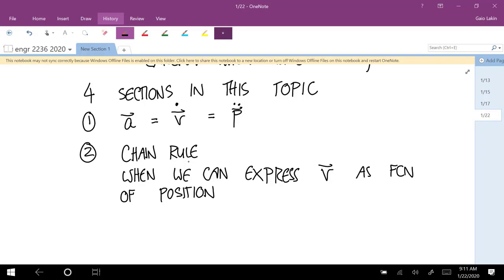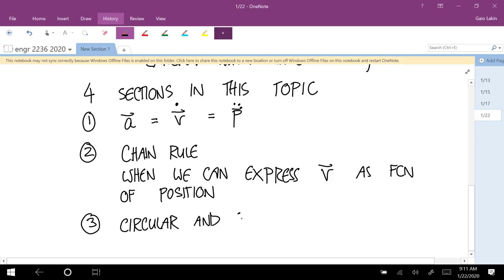And then the third thing is circular and spherical motion. So that's something moving a constant distance from some center, okay? A constant radius around some center. And in 2D, that would be a circular motion. In 3D, that would be a spherical motion.